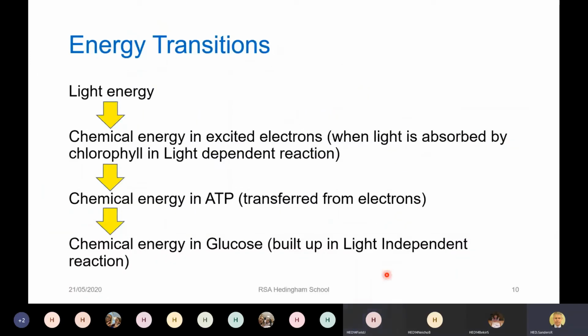So let's have a look at energy again, I keep banging on about energy, and I will. Actually, it's not quite as simple as light energy just being turned into chemical energy in glucose. What actually happens, the first transition, is that the light is converted into energy in electrons. If you do chemistry, you'll probably know this, but if you only did GCSE chemistry, you might not.